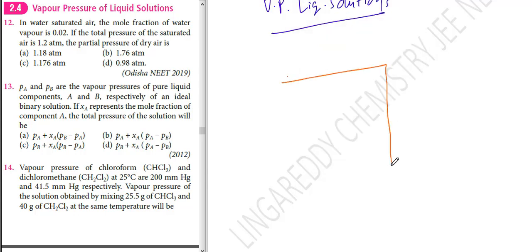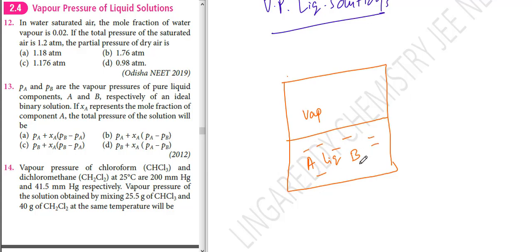We will take two phases. One is the liquid phase, the other one is the vapor phase. Generally, solution means two components will be there. So this one is the liquid, and B component also is there in the solution, right.